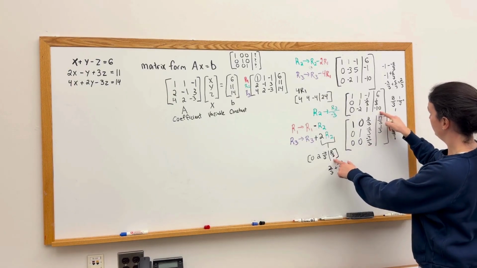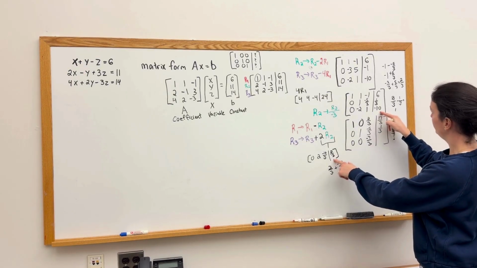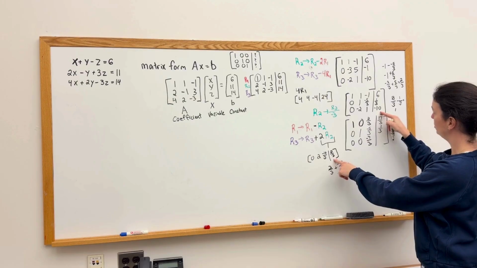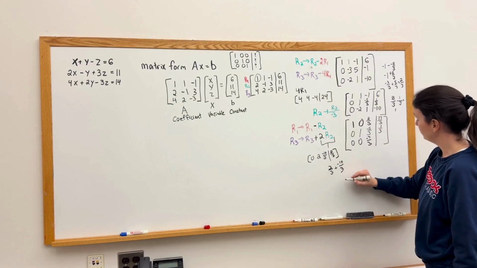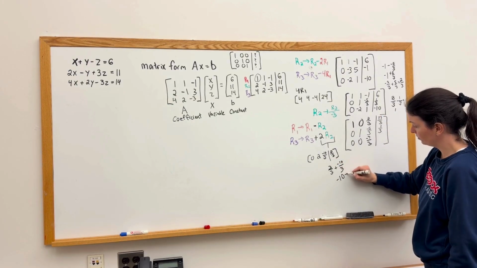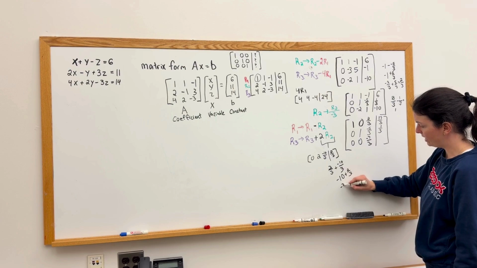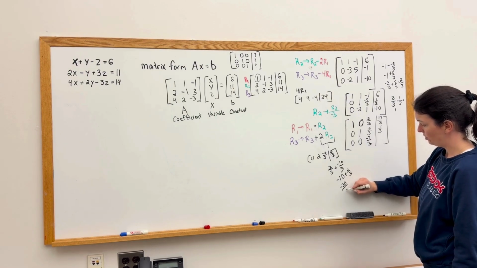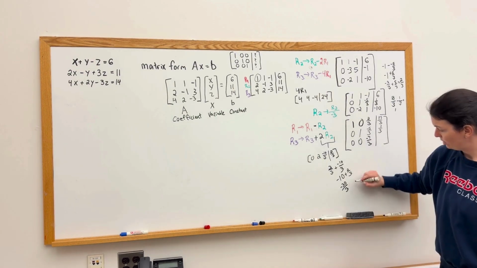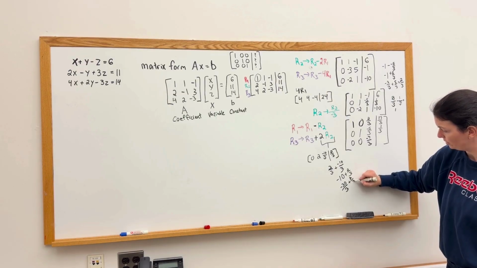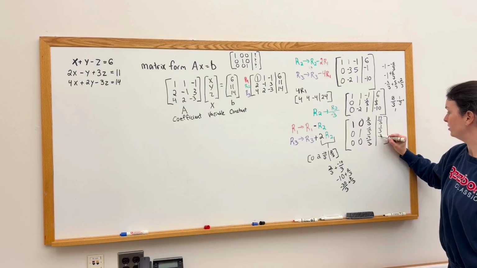And then negative 10 plus 2/3: negative 10 is negative 30 over 3 plus 2/3 is negative 28 over 3.